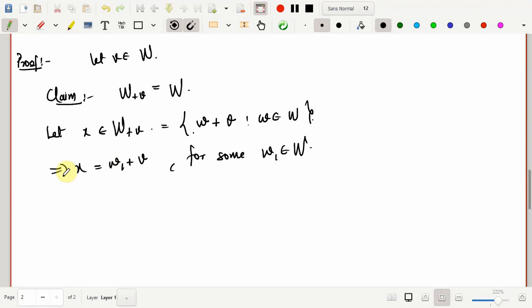So your claim is to show that this x is in W. By that you will show that W plus v is a subset of W, right?